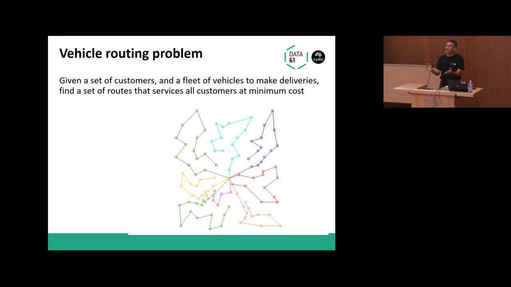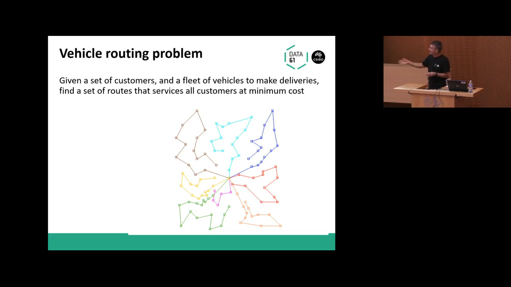Bunch of customers that require a service, and a fleet of trucks that is going to move them around to provide that service. You give that to me, I'll give you back an assignment of customers to vehicles and the route that vehicle is going to drive around the customers to minimise the total cost of that. And in the classic statement, it's just the total distance travelled.